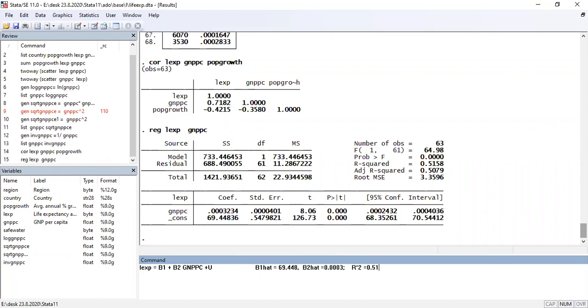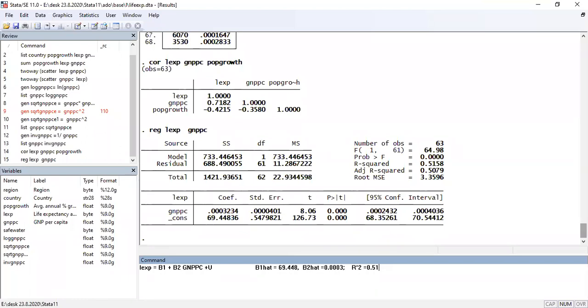Anybody recalls R squared? 0.51, y can be explained by x. Yeah, almost there.